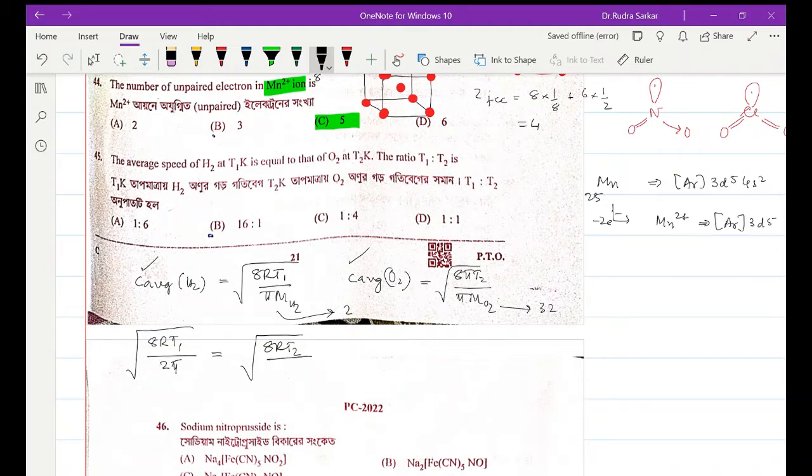So we will say this is nothing but 32 pi. Right? So that is what we will say.